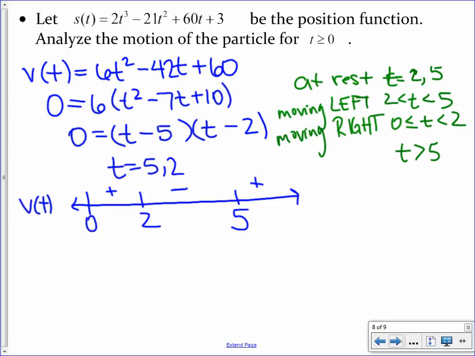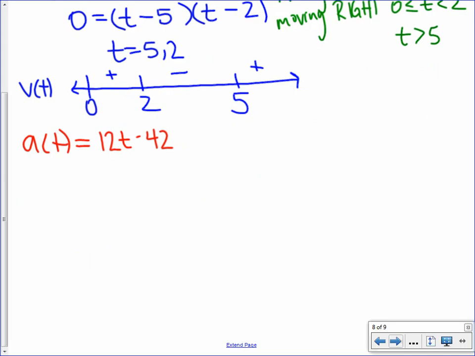Let's talk about acceleration. Okay. John, what's our acceleration function? 12t minus 4. Excellent. And what do we need to do with that in order to figure out where we have positive and negative acceleration? Set it equal to 0.